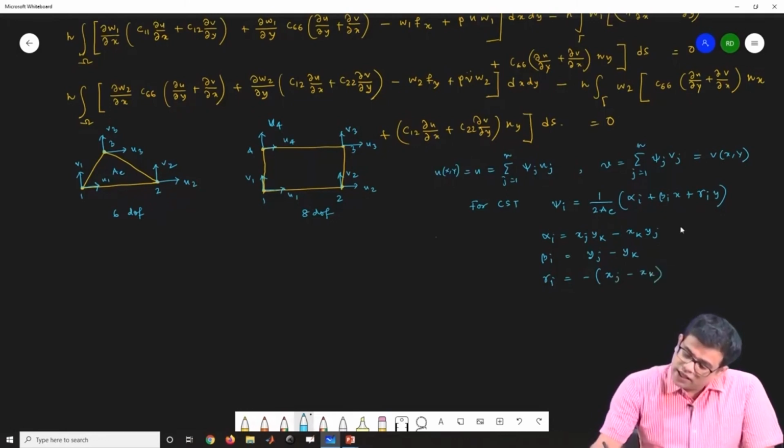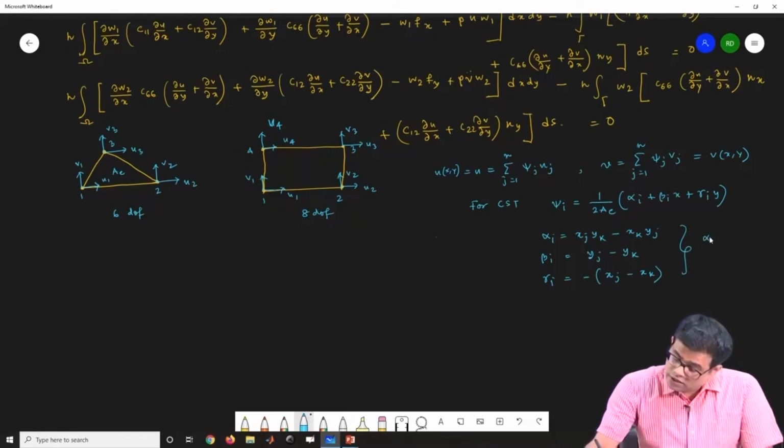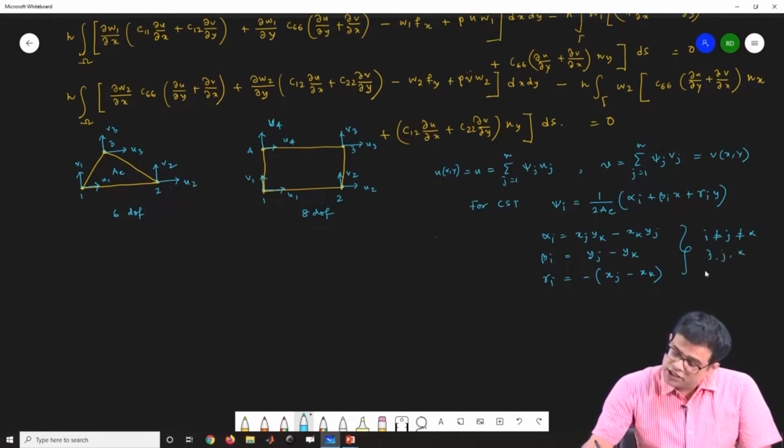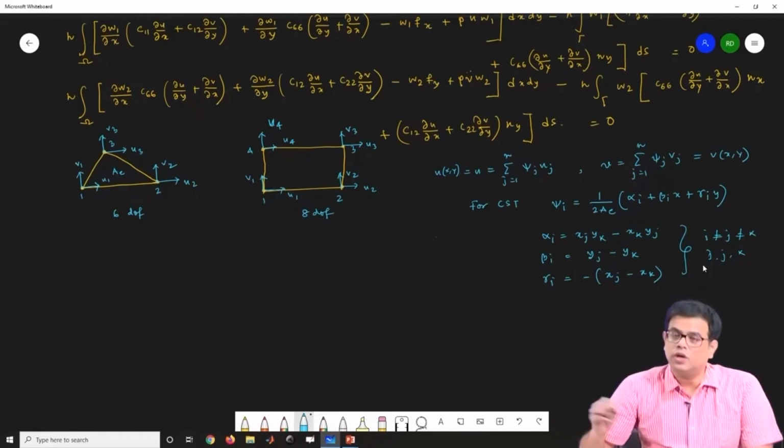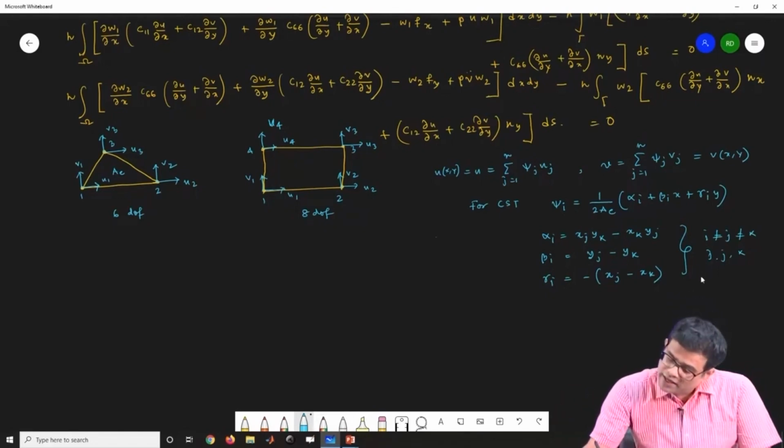So now here I, j, k are not equal to each other, and ijk are a permutation in natural order. So that is 1 2 3 means 2 3 1 and then 3 1 2, like this, natural order permutation.